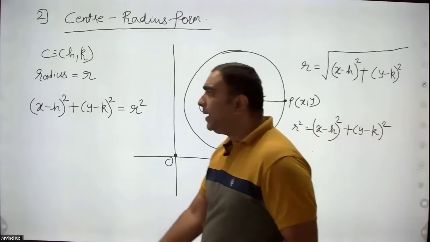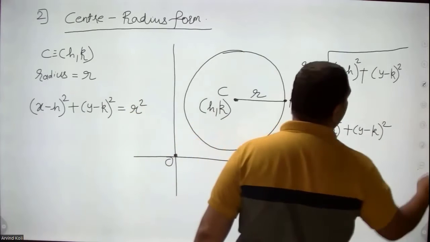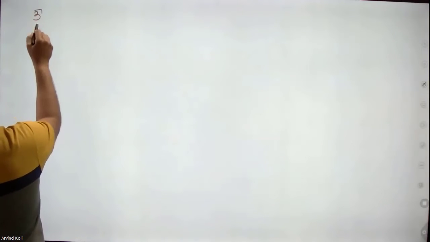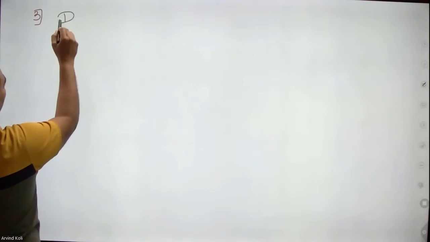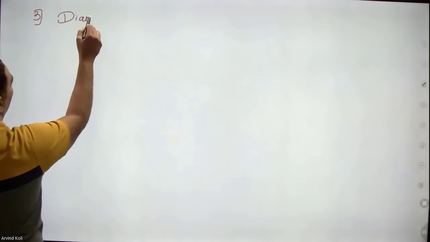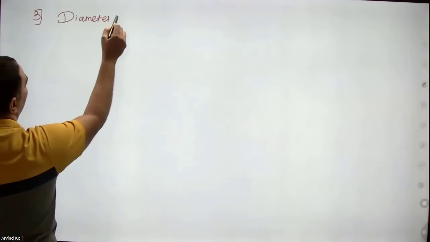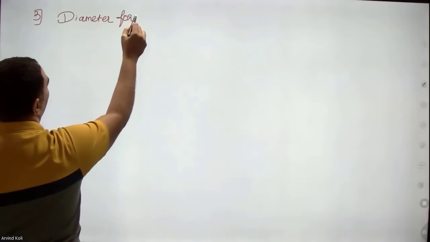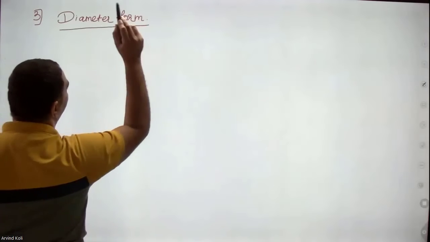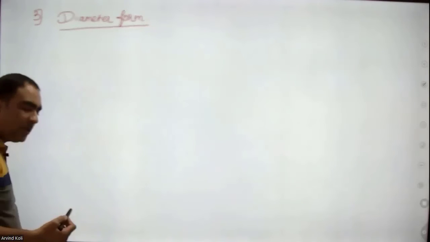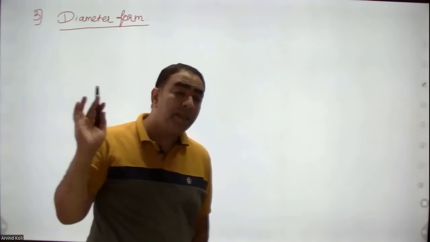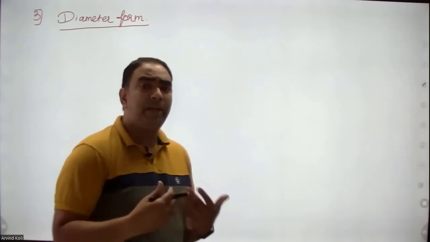Let us understand our next concept. हमारा थर्ड फॉर्मूला है डायमीटर फॉर्म. ओके, डायमीटर फॉर्म. तो जैसा हमने नाम में ही देख लिया डायमीटर है, तो यहाँ पे डायमीटर इज इन्वॉल्व.